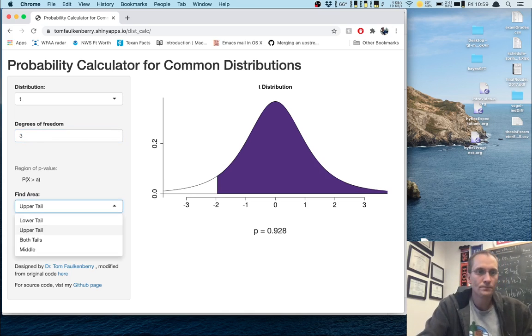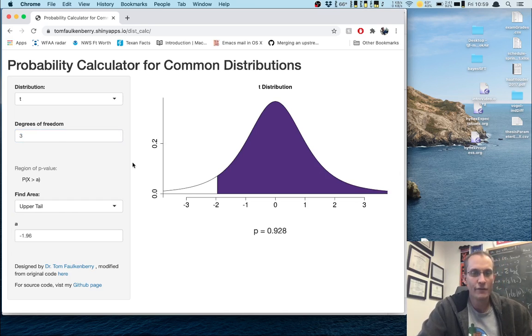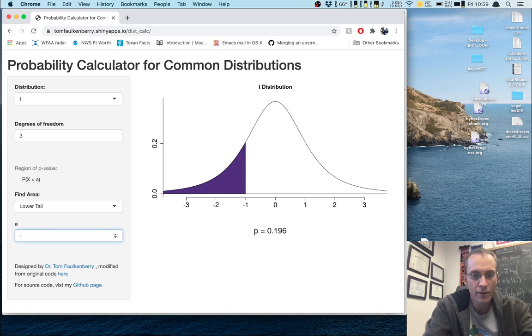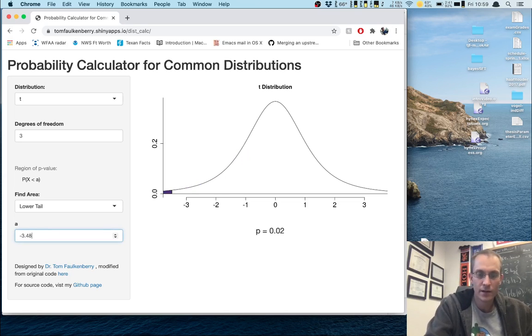So we do that. Now we have a distribution that will calculate the probabilities correctly for us. We want to find the probability that t is less than -3.48. So we need a lower tail, and we put in -3.48.